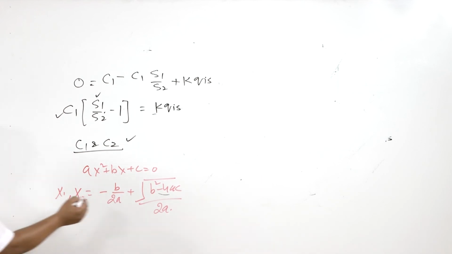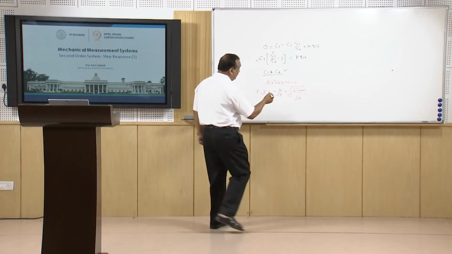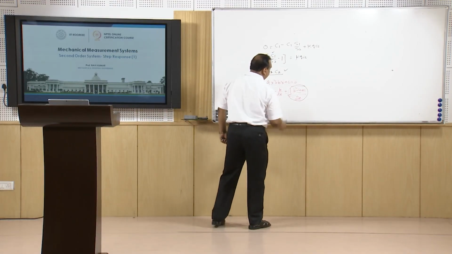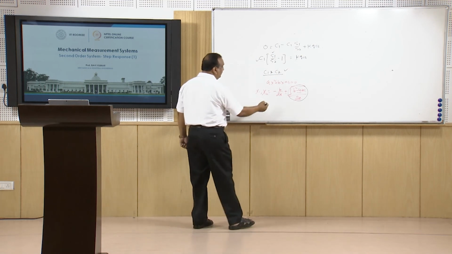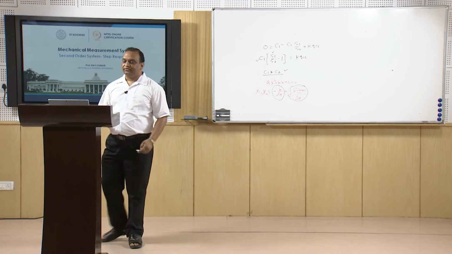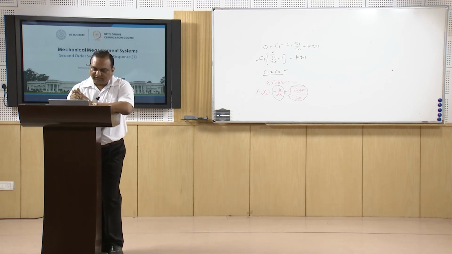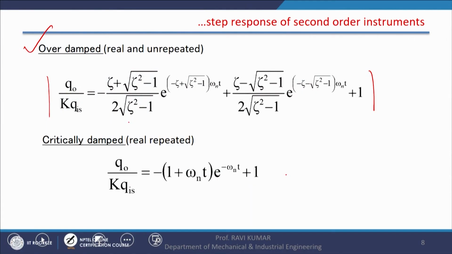In such a solution, if I want equal roots, this term has to be 0, so we are going to have minus b by 2a only. So in a critically damped system, the value of zeta is 1. That is a critically damped system, and the ratio of output and input, QO by KQIS, can be expressed by this equation.